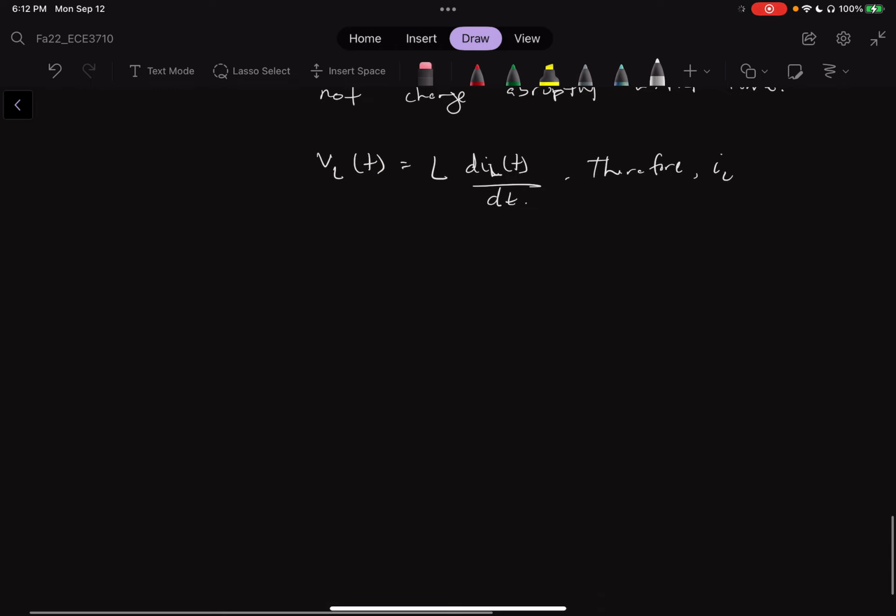Therefore, IL of t must be continuous so that VL of t can exist.